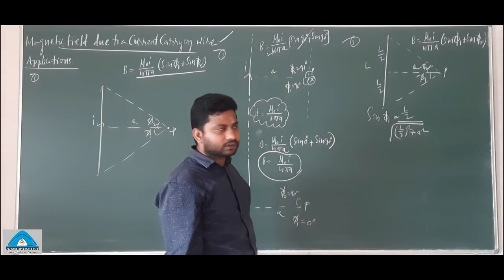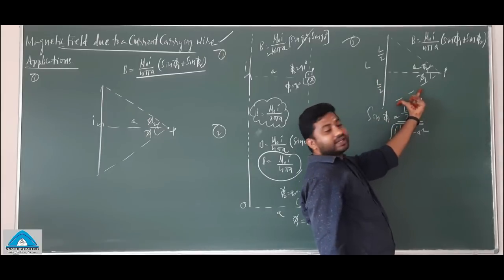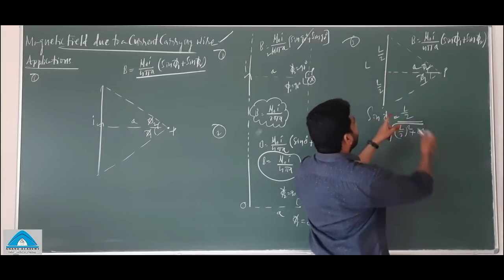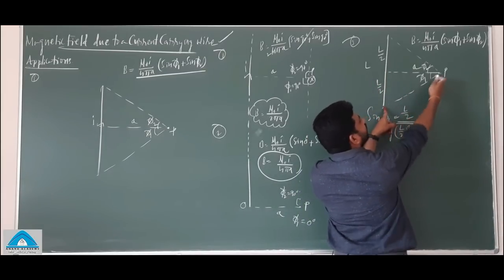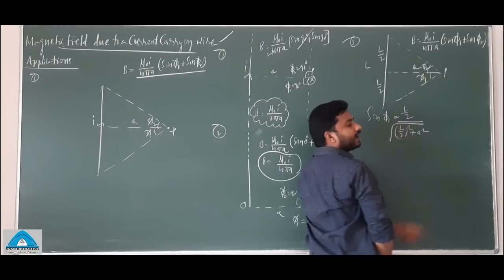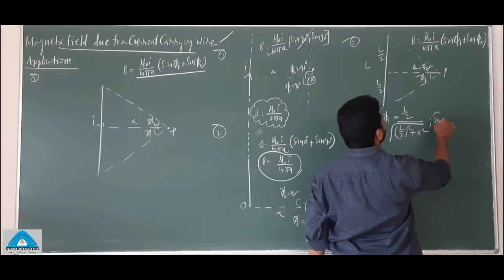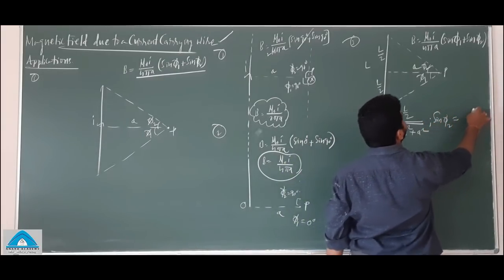You get the concept? So this is phi 1, sine is opposite side by hypotenuse. Same way, sine phi 2 you also get the same.